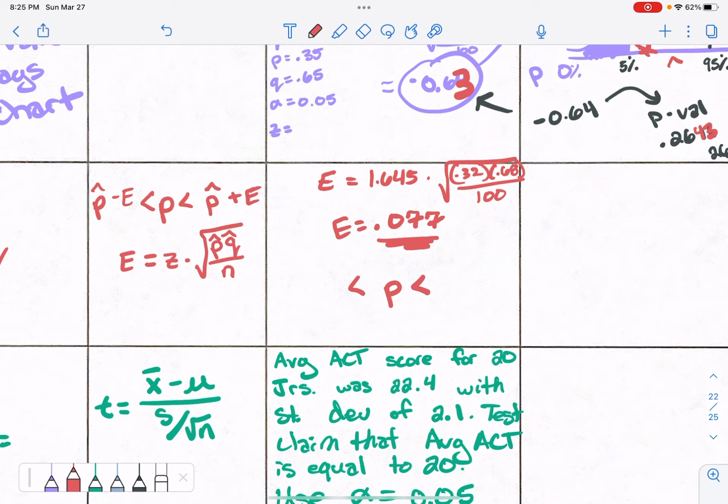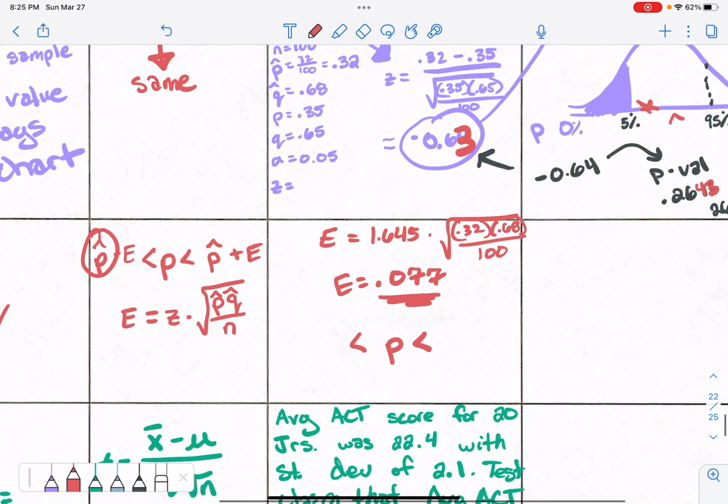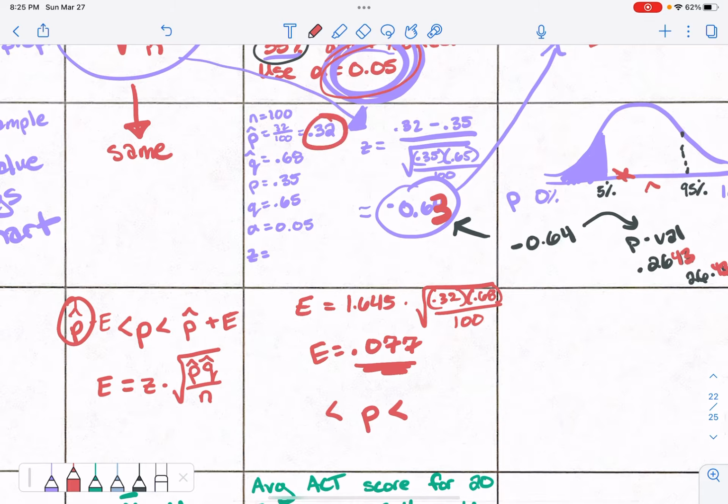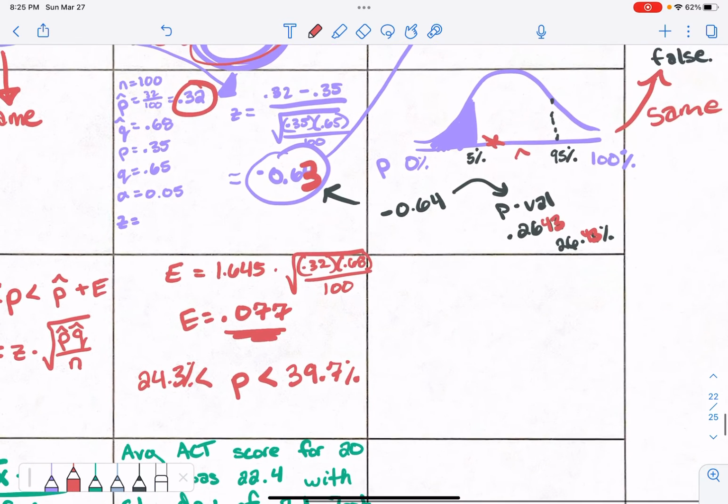I add and subtract this from p hat, which was 32%. So I'm going to take 0.32 and subtract 0.077. On the one side I get 24.3%, and over here I get 39.7%.